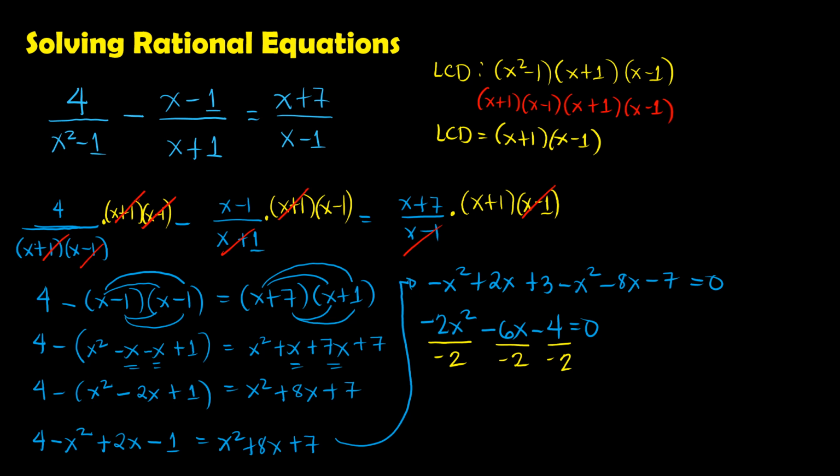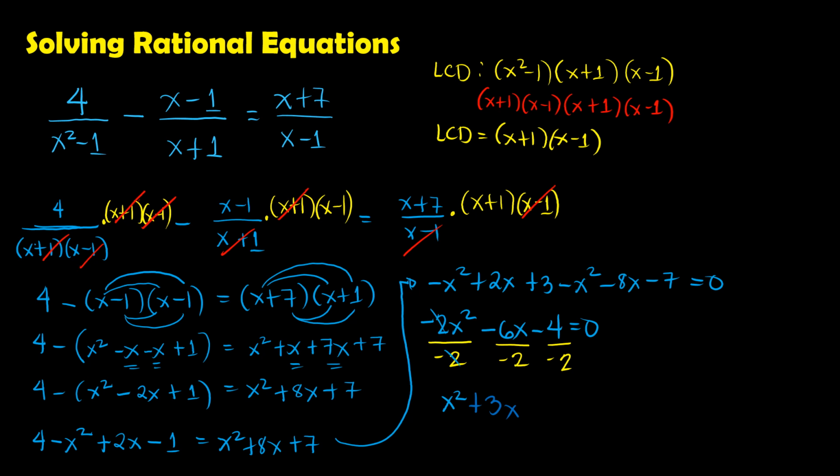So, anong matitira na lang? Negative 2 and negative 2, ang matitira will be x squared. Negative 6x divided by negative 2. Negative and negative will become positive, diba? So, we'll have positive. 6 divided by 2 is 3. And then, copy x. Negative 4 divided by negative 2, parehong sign, so it will become positive.